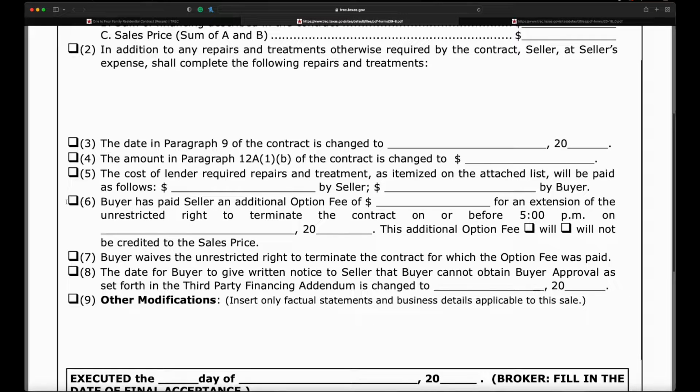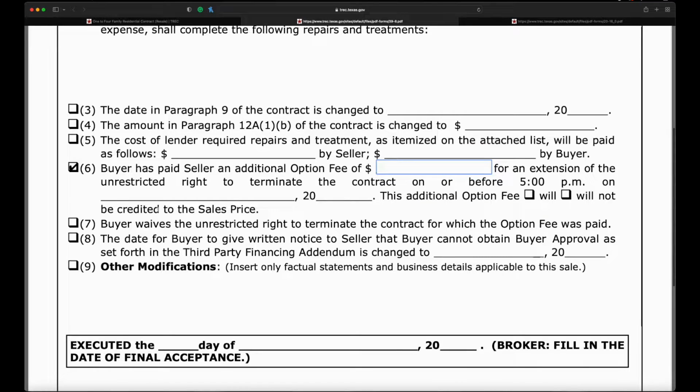Okay, item 6 here. Seller has paid, or buyer has paid the seller, an additional option fee for extension. So this is if you're going to extend your option period. If you couldn't get an inspection in time, or you need more time to think about it, or you're still in negotiation in a way, and you want to extend it, you can put it here.